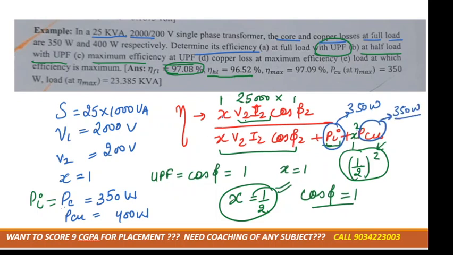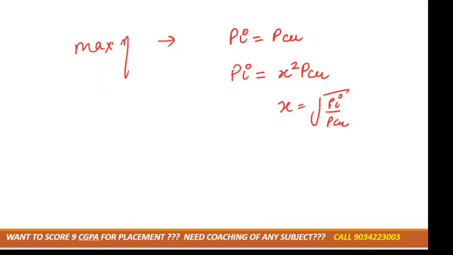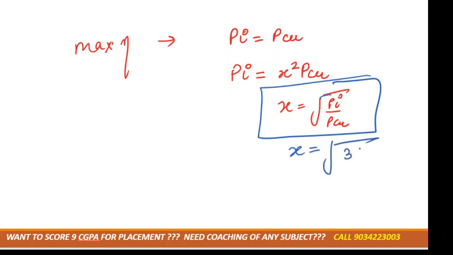The rest of the things are the same, as they said unity power factor means cos phi is equal to 1. But we don't know the x value, right? We can calculate it by this formula: x is equal to root of Pi by PCU. Pi is 350, PCU is 400. We can simply put these in this formula.